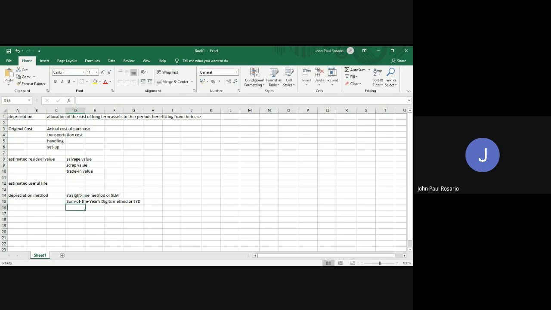Then we have the declining balance method, whose usual form is double declining, which means 200%, and then we have 150% declining, things like that. Lastly, we'll be covering the units of production method.